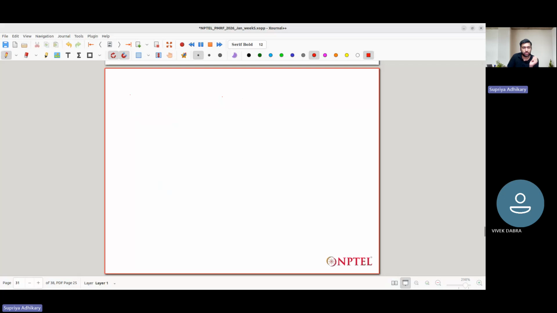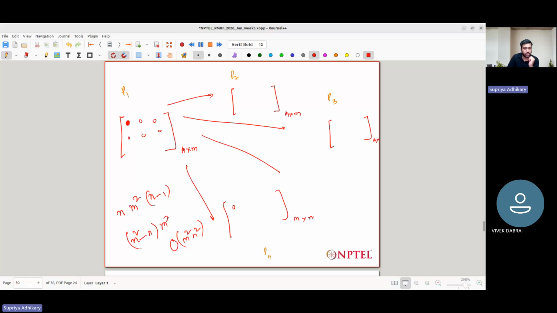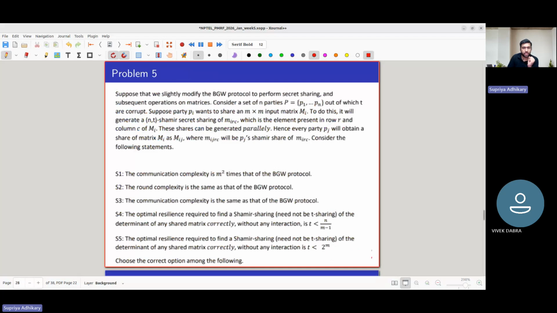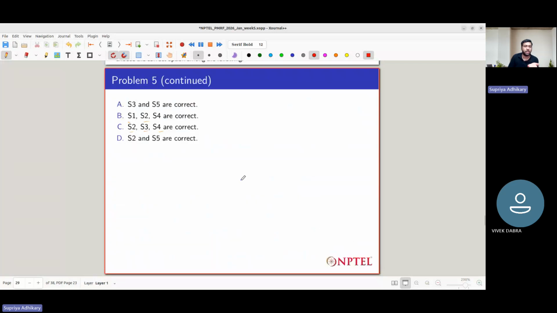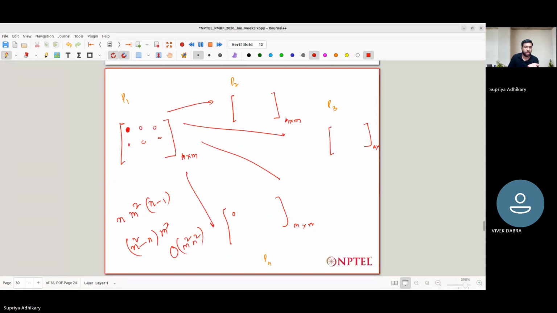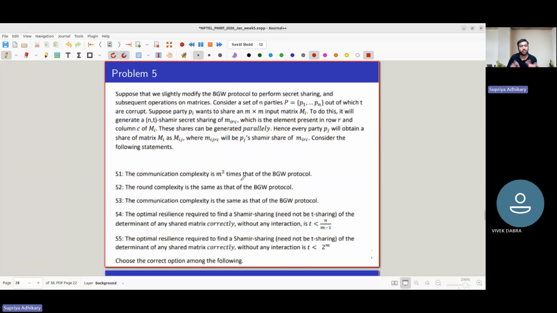So basically, this BGW protocol is slightly modified, but it is nothing but the BGW protocol itself with multiple inputs. The description of this problem is nothing but the BGW protocol with multiple inputs.